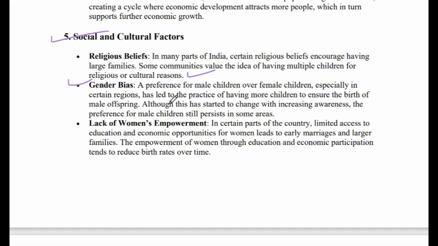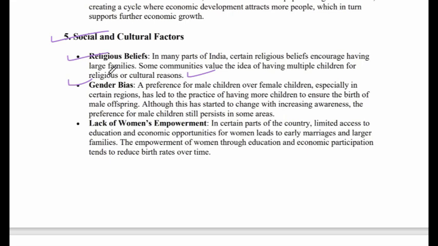So many people prefer male children over female children, and they will continue having children until they get a male offspring. Although this has started to change with increasing awareness, the preference for male children still persists in some areas. So this is still true.